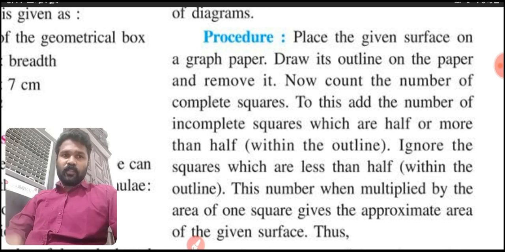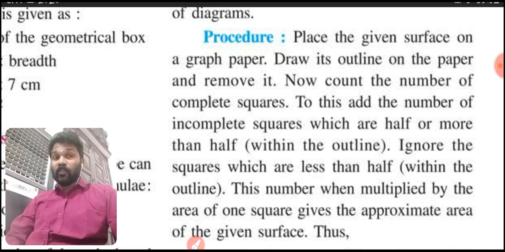Then to this, add the number of incomplete squares which are half or more than half.